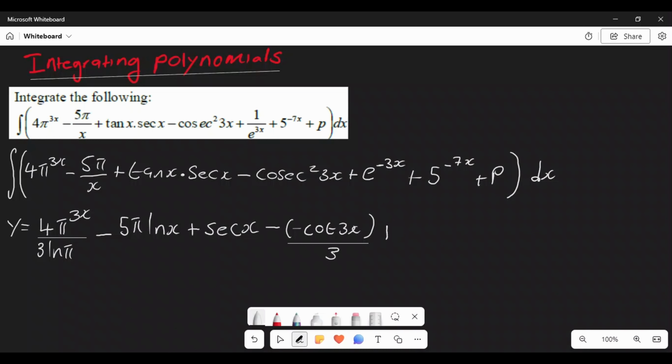So plus, and then you're just going to write this e to the power of negative 3x, and if you use the exponential integral formula, we know that we divide by the coefficient of x, which is negative 3, natural log, then base. We don't multiply, in fact, natural log, then the base, which is e in this case.